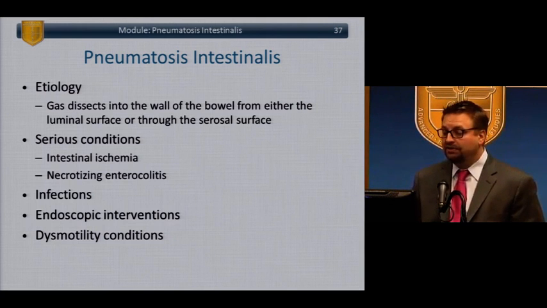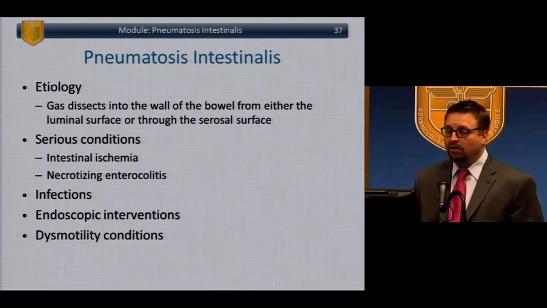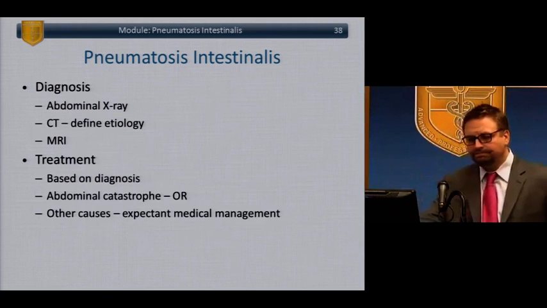Sometimes infections, sometimes they'll relate it to things like endoscopic interventions. Imagine somebody having a colonoscopy with significant air or CO2 and they have a procedure like polypectomy that can get into the wall of the bowel, and if you're doing imaging shortly after, that might be apparent. Also sometimes associated with dysmotility.